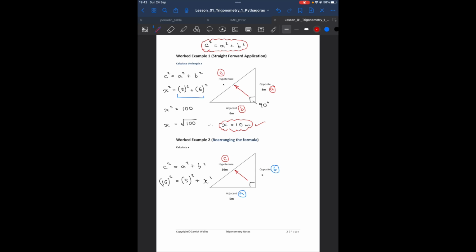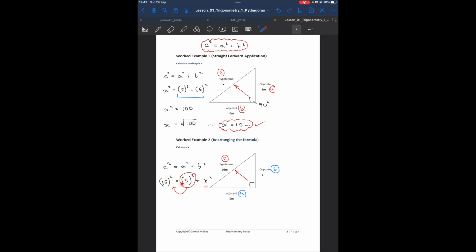The next step is a little bit of algebra. To get this x squared on its own, I'm going to move this 5 squared term over to the left-hand side of the equation. I'm going to move it over here. Now, this is where a little bit of algebra comes in. If you move anything over the equal sign, the operation changes.